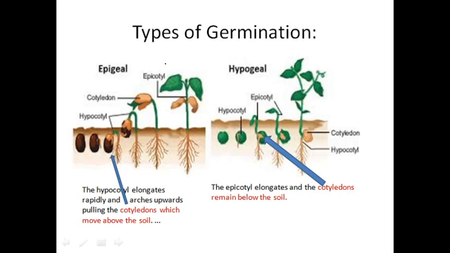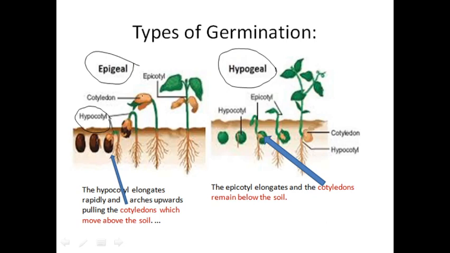Again, depending upon the position of cotyledons, the germination is of two types, epigeal and hypogeal. The word epi means above, where the hypocotyl elongates rapidly. Here in this diagram, the hypocotyl elongates rapidly and reaches upward, pulling the cotyledons.